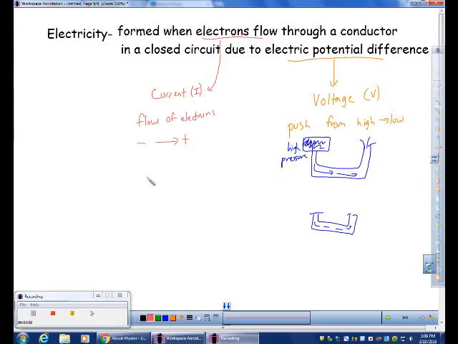Now, we see some confusion when we talk about current, because we're talking about flowing electrons, but in terms of day-to-day or normal everyday life, when we try to measure the current, we're actually measuring what we call conventional current.